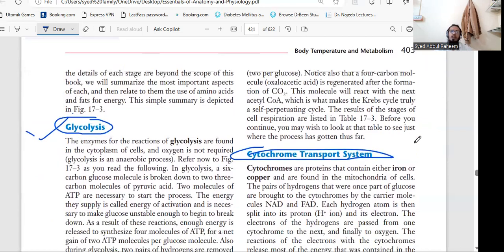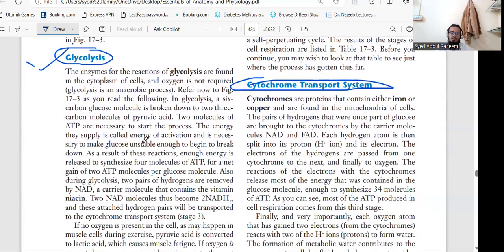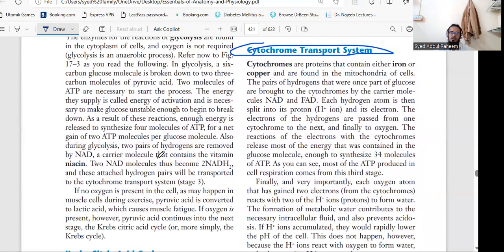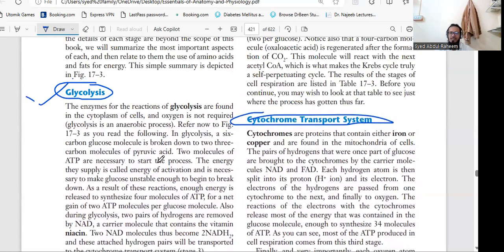Now we will talk about glycolysis. Basically, these are topics related to biochemistry, very, very important. But here we have the introduction part. The enzymes for the reactions of glycolysis are found in the cytoplasm of the cell, and oxygen is not required.